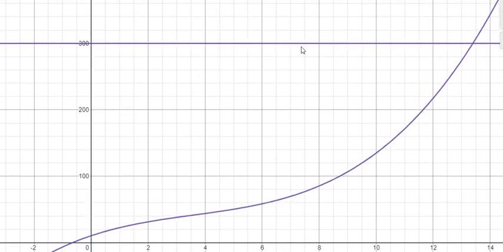There's that y equal 300 line that I just added. And you can see that it's about 13.39 here that gives me a y or c value of 300. So I'm going to say it's x equals about 13.39.